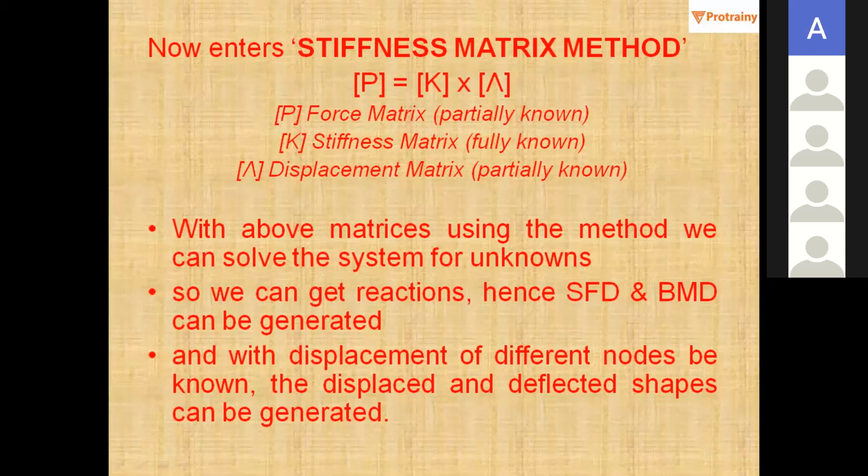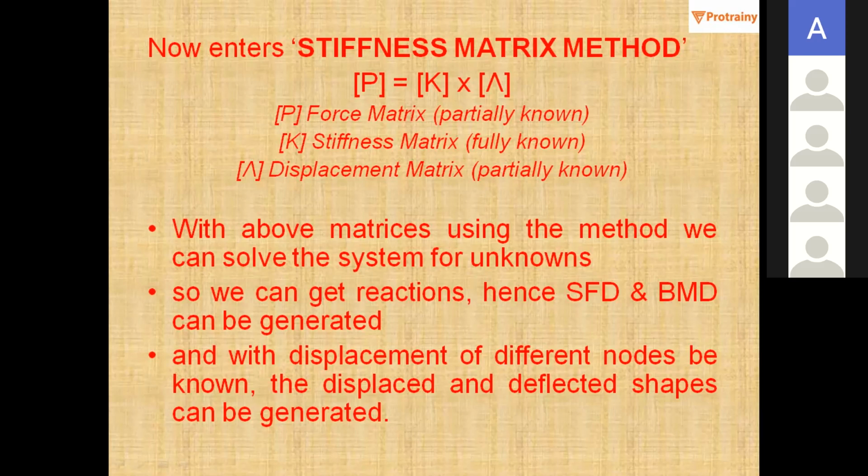So the equation is P matrix is equal to K matrix into delta matrix. P is the force matrix; all the forces on the structure are going to be in this matrix. Then K is the stiffness of all the elements involved in the frame. And the last one is the displacement matrix.